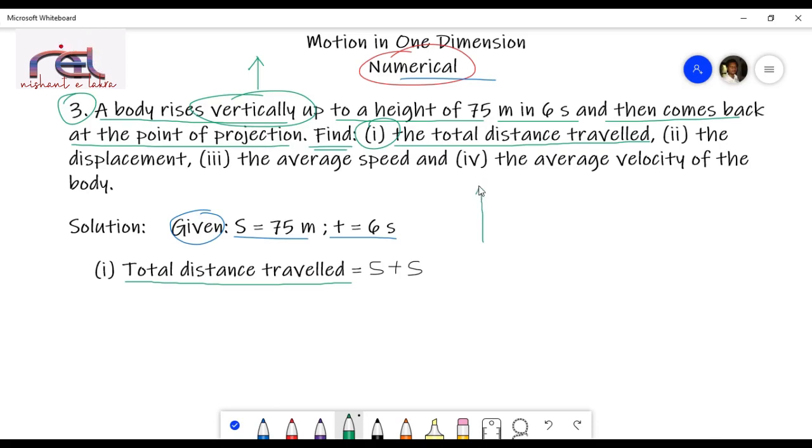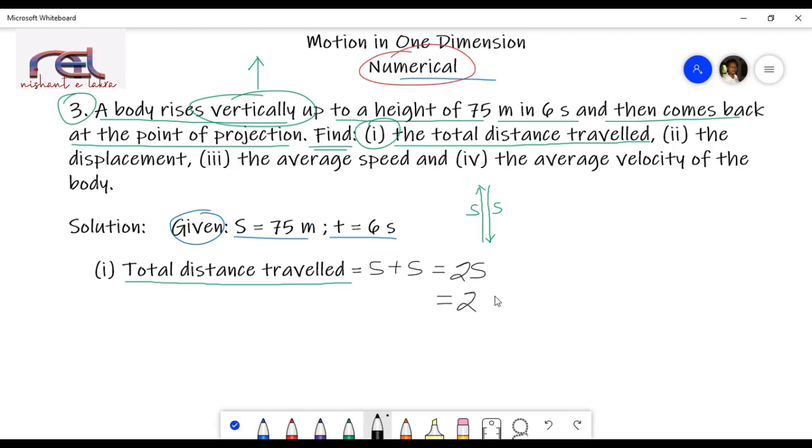Now you remember that this is moved up, right, from a point on the ground, and after it reaches its highest point, the body will move downwards, right? So here we have two distances, and that's why we have written it as s plus s, which is equal to 2s.